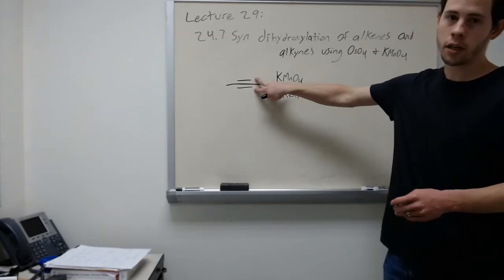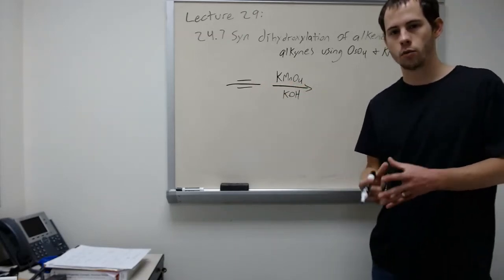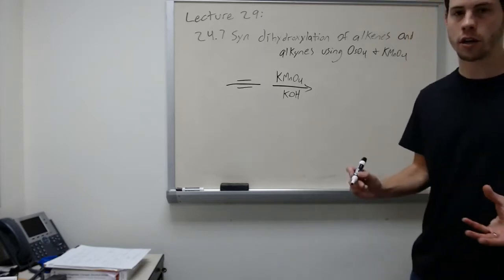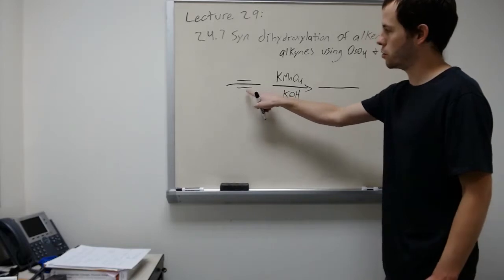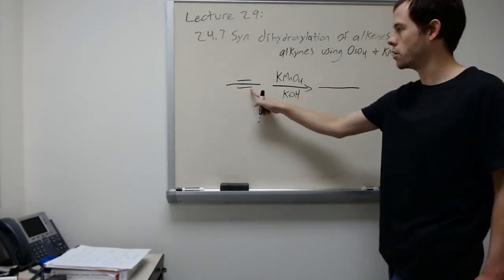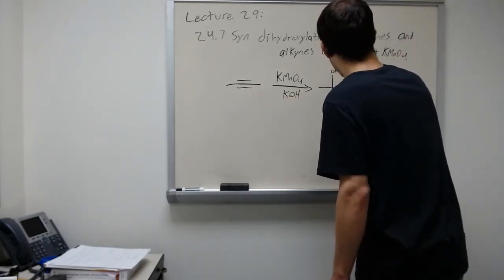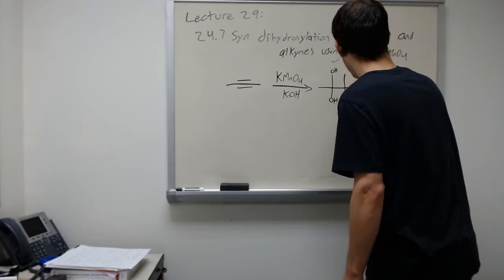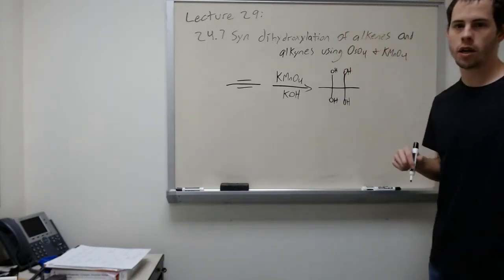There are two pi bonds here, so it can react twice, where the alkene only has one pi bond, so it can only react once. I'm not going to draw this out properly, but here there's 1, 2, 3, 4 carbons, and we add two OHs to this carbon and two OHs to this carbon. It ends up kind of being like that.